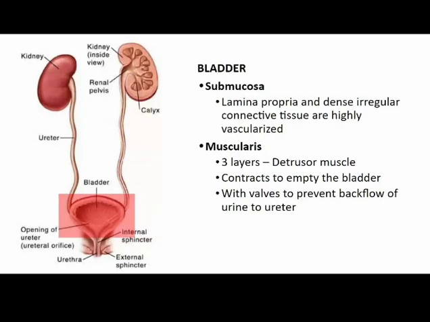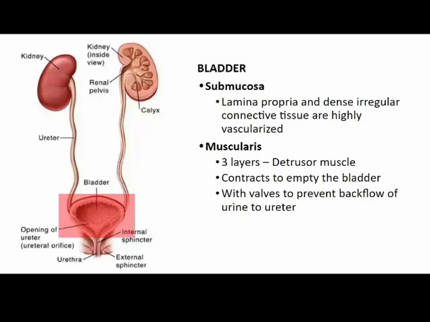Okay, next. The bladder contains the submucosa and the muscularis. The submucosa has the lamina propria and dense irregular connective tissue, which are highly vascularized in the submucosal layer. For the muscularis layer, there are 3 layers.